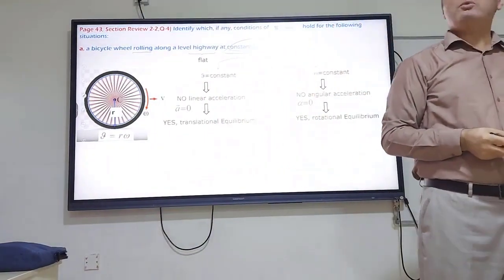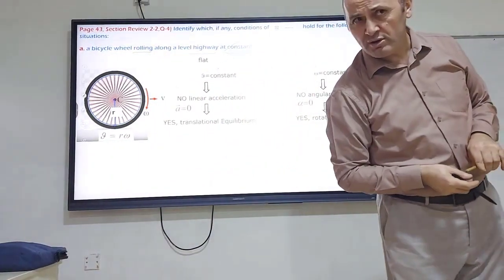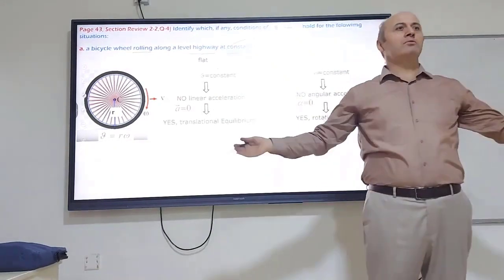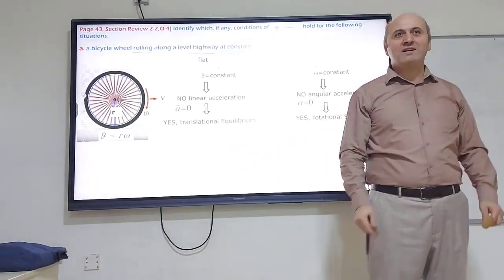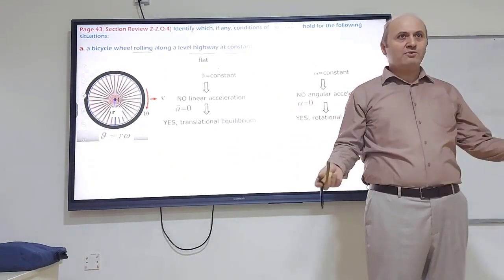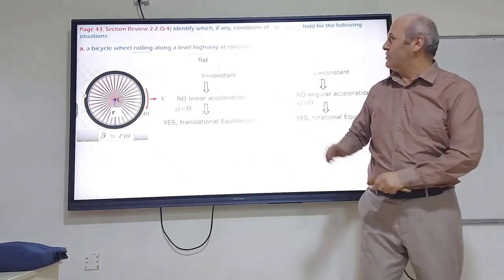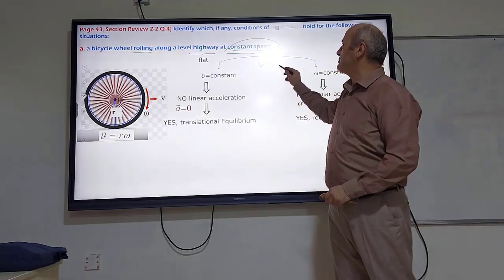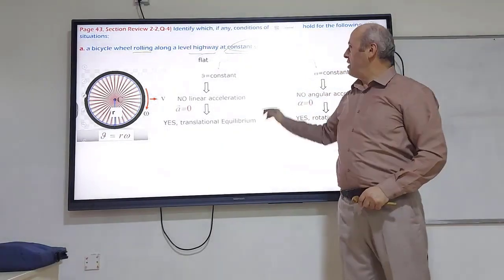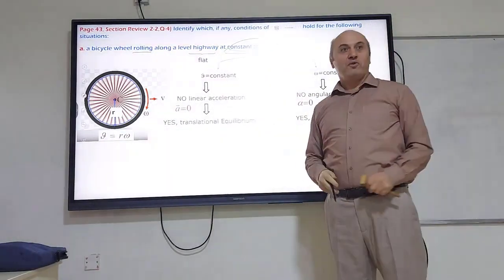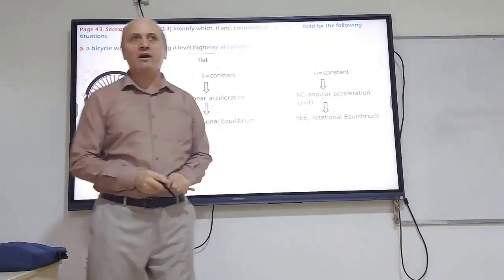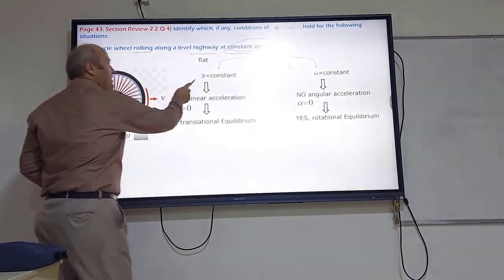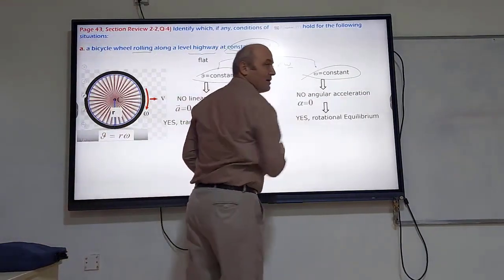Constant speed, which one is constant, translational or rotational? Both, because you know they are related. If one of them is constant, the other one should be too. Remember that they are related by an equation? V is equal to R times omega. If this is constant, that is constant. For a rolling object, if omega is constant, v is constant.